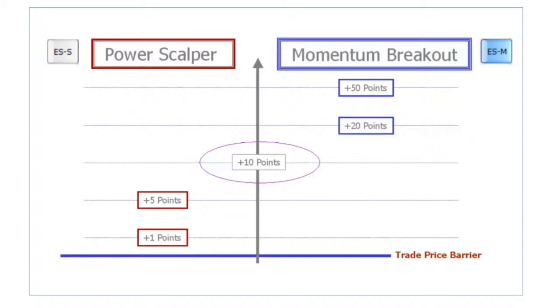So these numbers even look small that I'm showing you on this chart. With the momentum breakout, we're looking for the bigger moves across the field, basically 20 points, 50 points. And like I said, recently we've seen much larger point gains over the sessions coming for us.